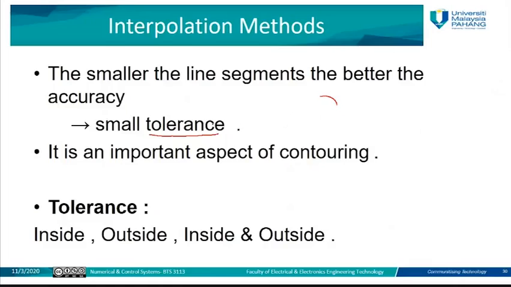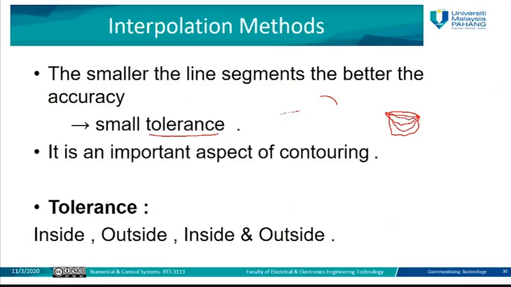We have some tolerance. So as this value of tolerance is small, that means the interpolation method is more accurate. When we have this small tolerance, if we have a huge number of coordinates, if I define one point here and another point here, the movement between these two points can be a straight line, or can go through in some other way.